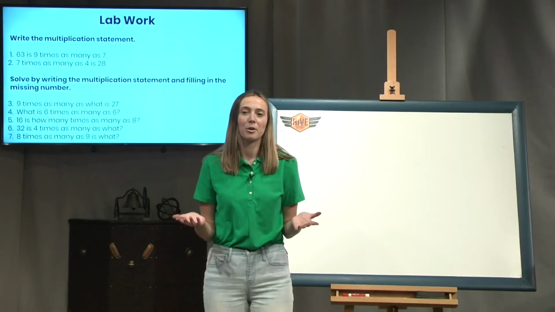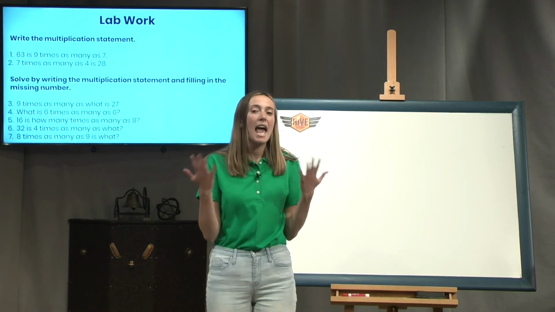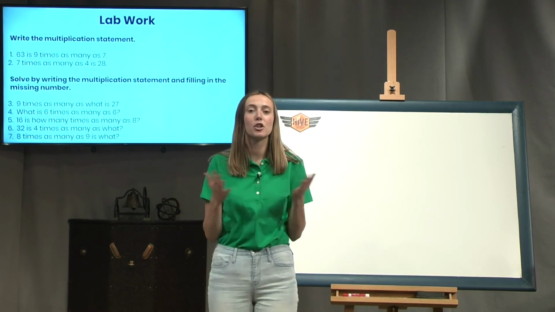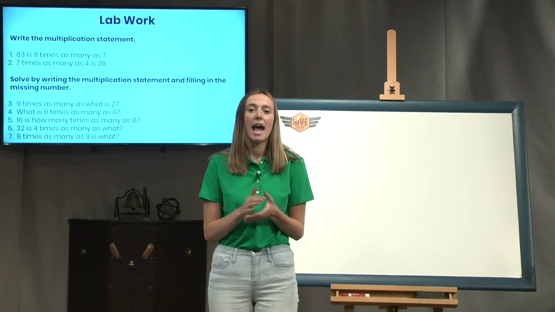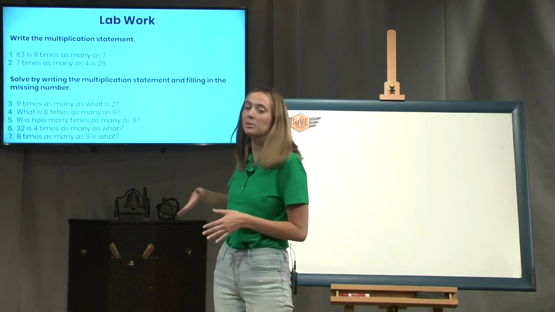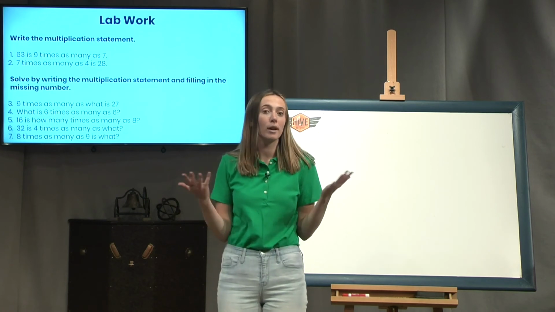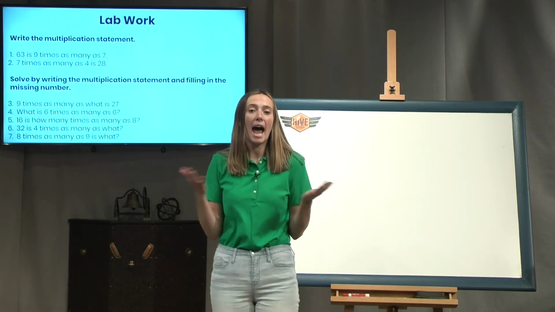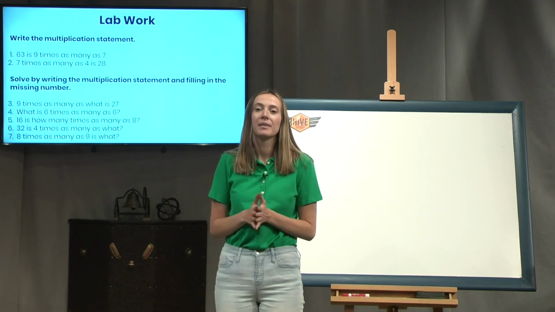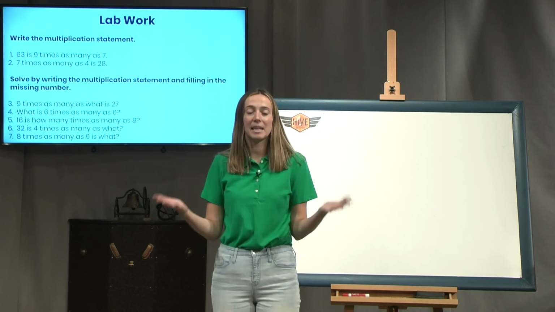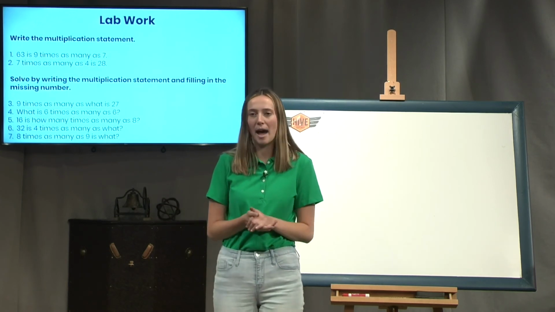Now we're at our lab work time. So now you're going to take everything that we've learned throughout this lesson and you're going to practice on your own. You're going to go through these problems and I'll help you read the directions, and you're going to solve or interpret these problems. After, there'll be an answer key. And as you answer these and get them correct, you're continuing on your pathway.